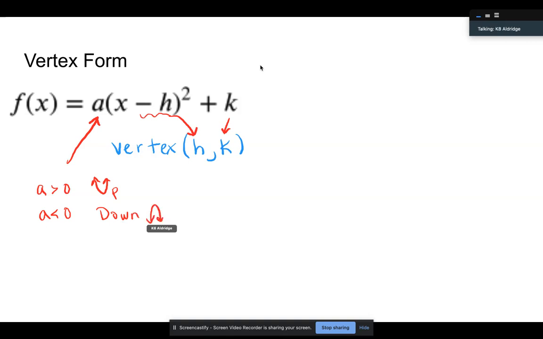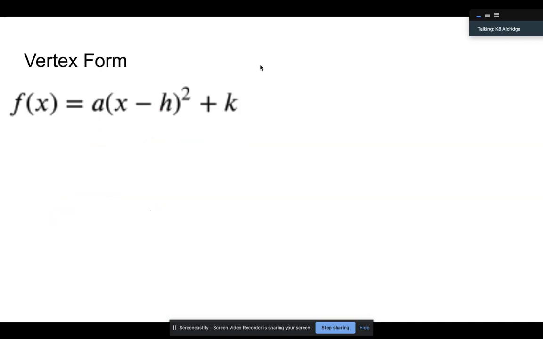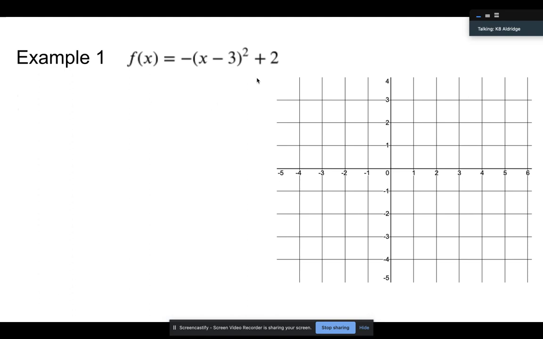Cool. Well, let's explore this formula just a little bit in our new form. So we're given this example. We know right away that our vertex is positive 3, positive 2. So I'm going to go to 3, 2 and put a point.